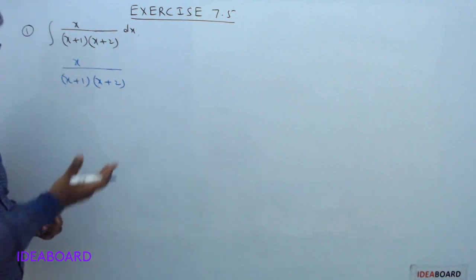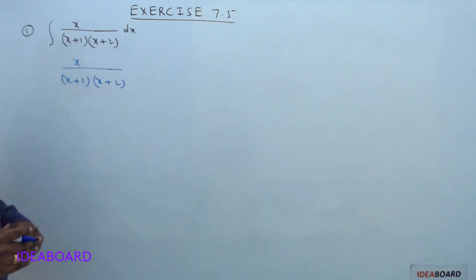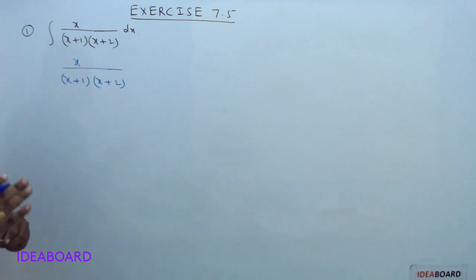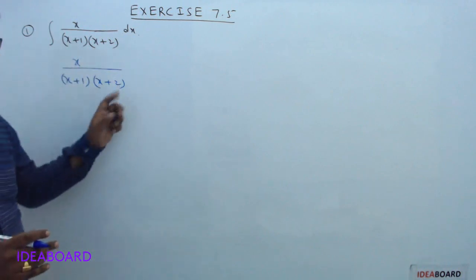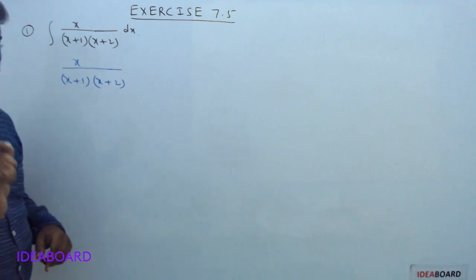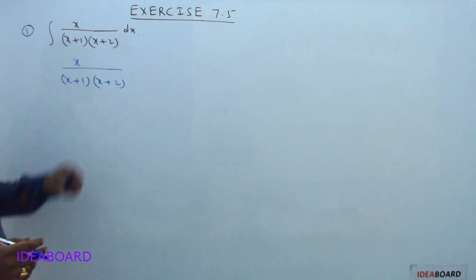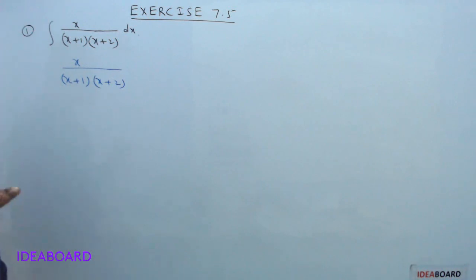Is it repeated anywhere in the denominator? No. So, x plus 2 is called a non-repeated linear factor. So, basically it is a proper fraction and denominator contains non-repeated linear factors. So, it belongs to our type 1.